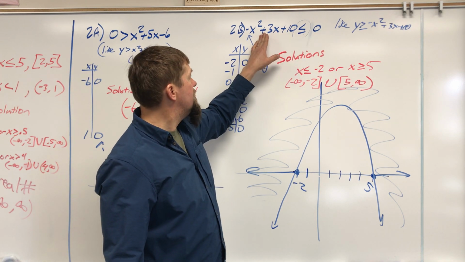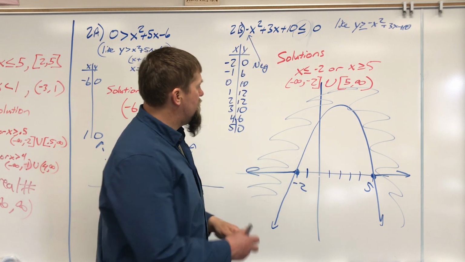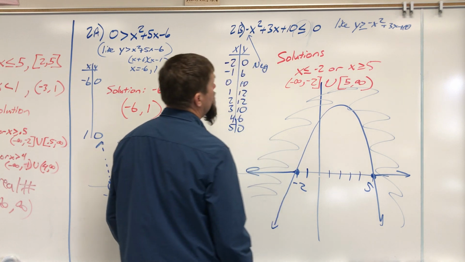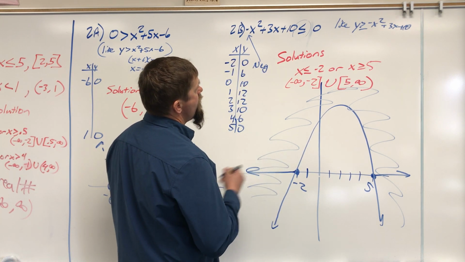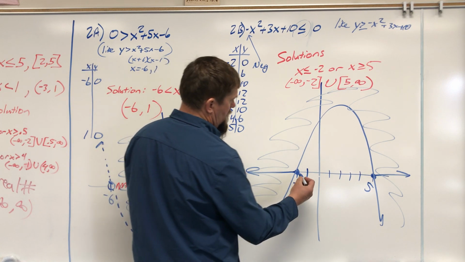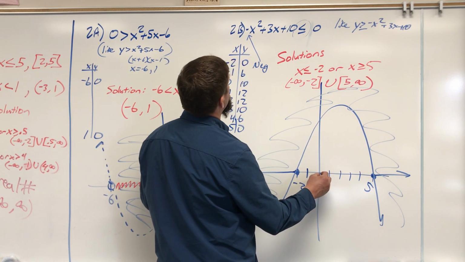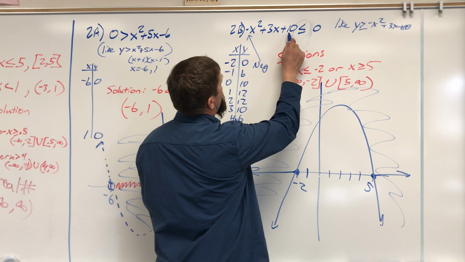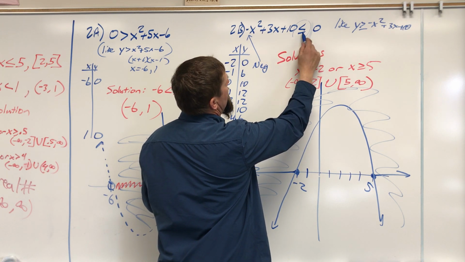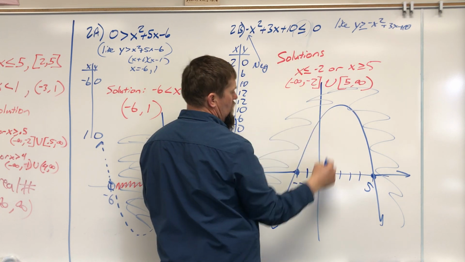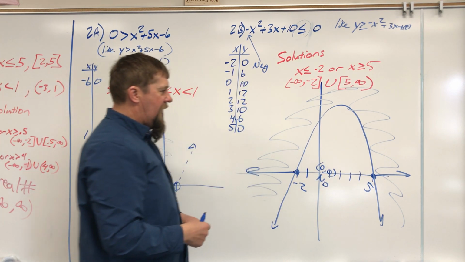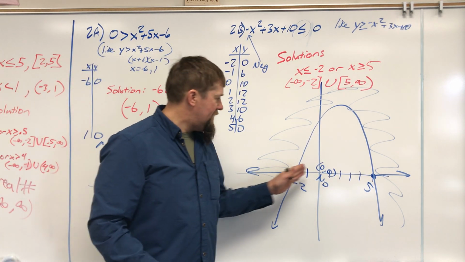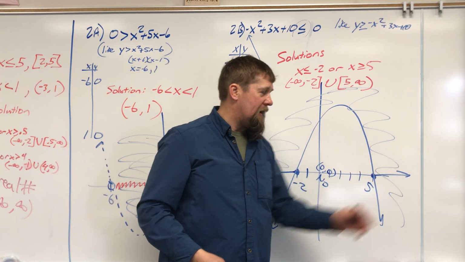So in this case, if I put 0, 0 in, I've got 0 plus 10. Is that less than 0? And that's no. 0, 0 is a no, so that should not be shaded. So I know I've got my shaded region correct.